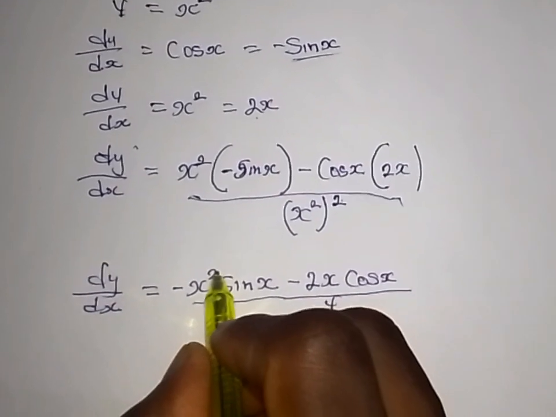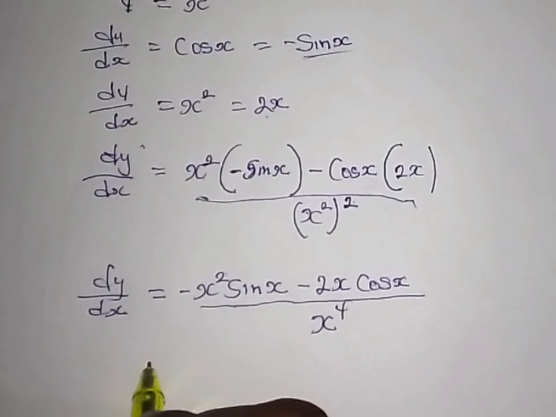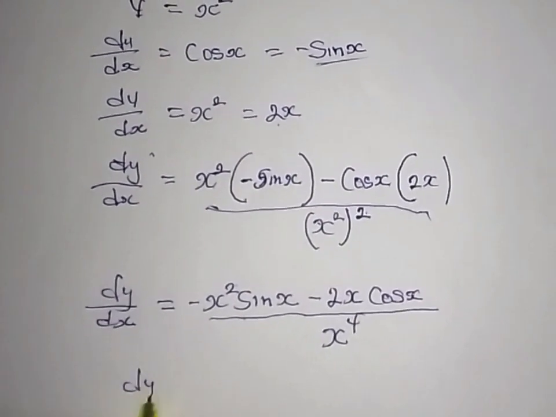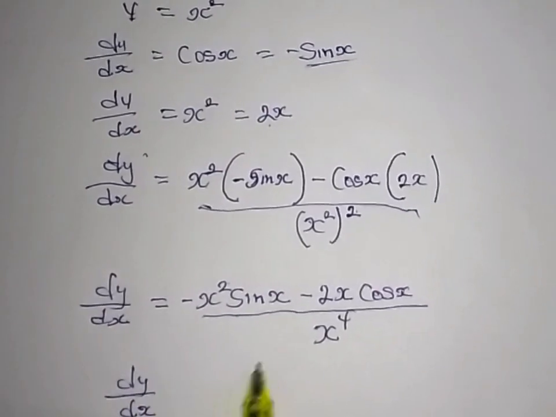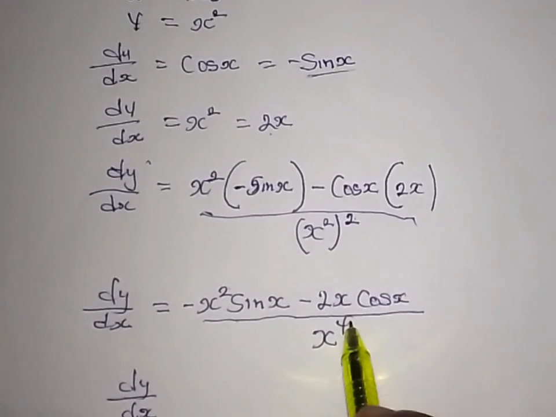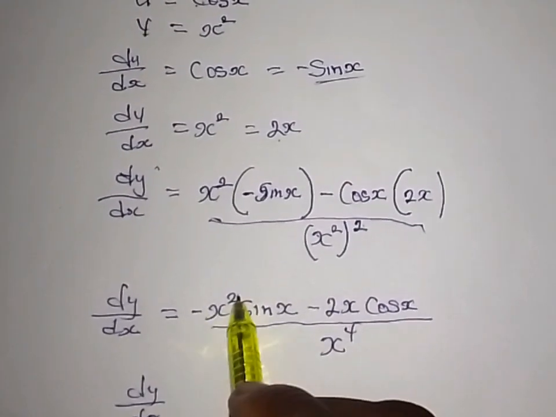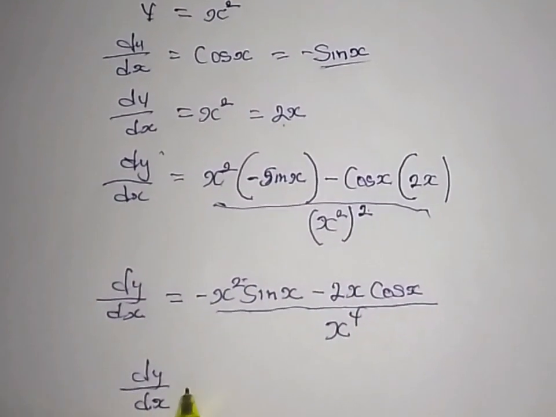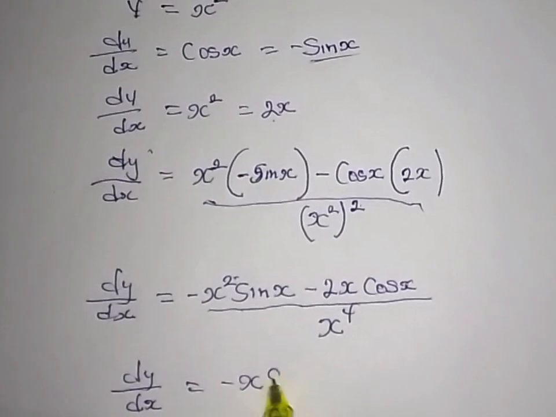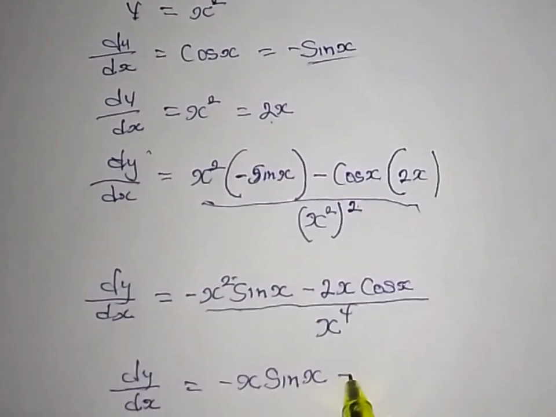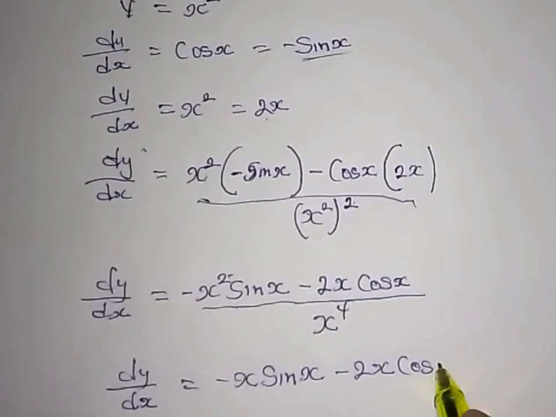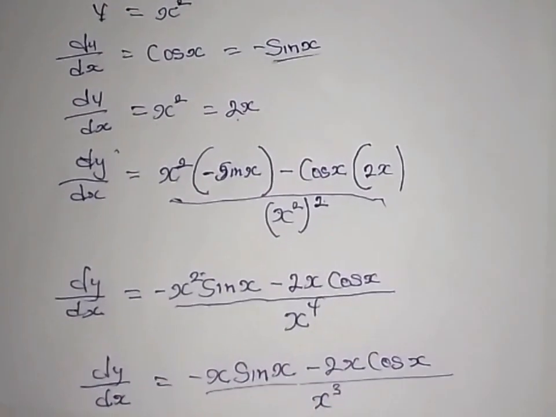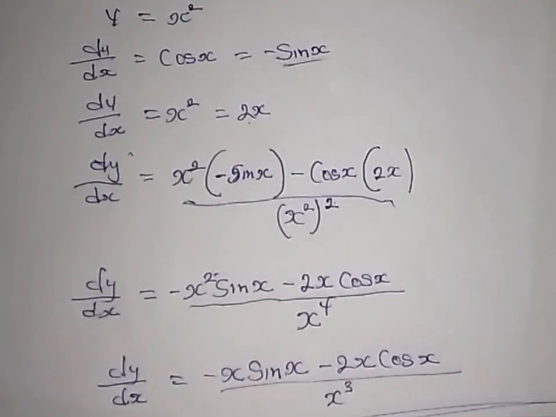If we differentiate this, dy all over dx, here we will be getting negative x sine x minus 2x cos x all over x raised to power 3. This is our final answer.